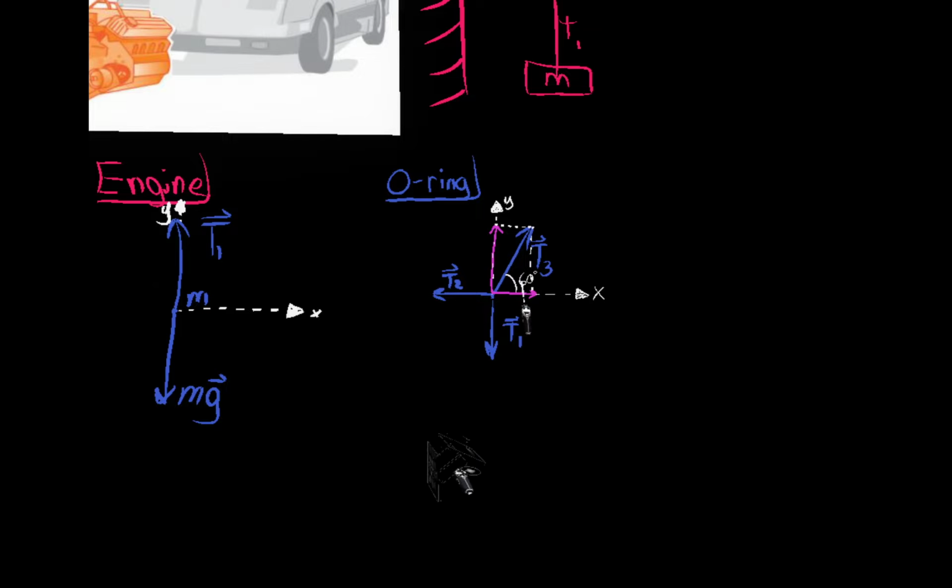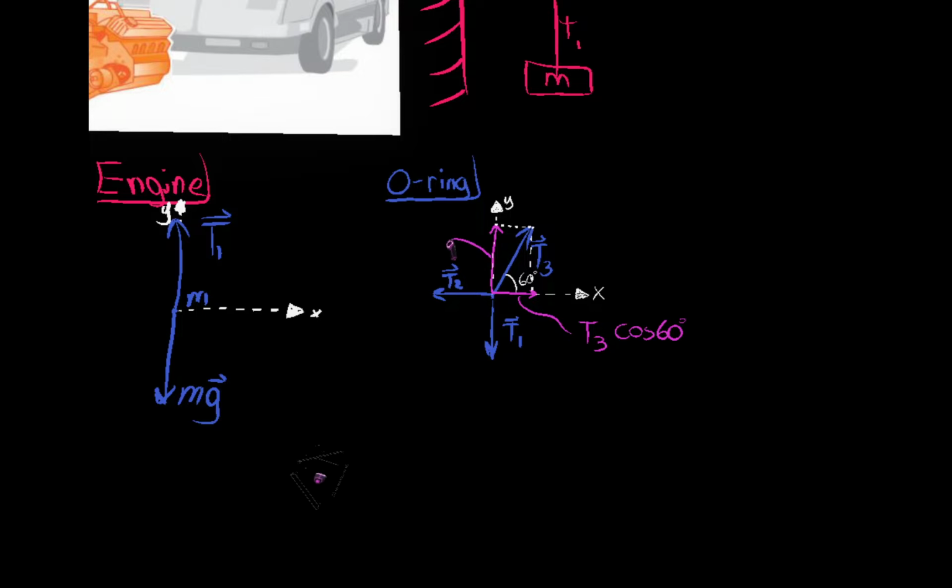And if our angle here is 60, then what's going on with our component vectors? How can we label this? Well, it's going to be T3. Is it cosine or sine? So here we're concerned with this one here. So it's T3 cosine of 60 degrees. That's the magnitude of this component vector.